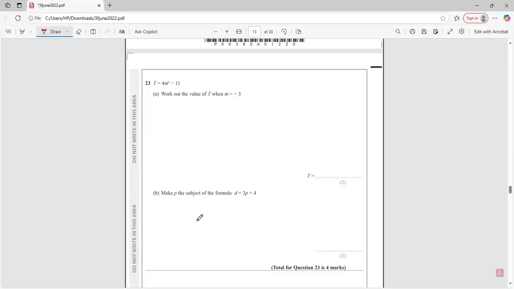Can you take on 23B, the second one, make P the subject of the formula? D minus 4 divided by 3 equals P, I believe. Okay, but you'd have to show your workings, right? Yes. Okay, all right, good.